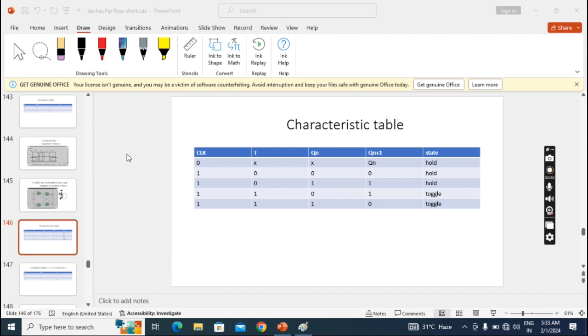So particularly for those counters we need the T flip flop or JK flip flop, but we mostly use T, because in JK along with the toggle and hold, set and reset are there. That set and reset we don't need in these counters.